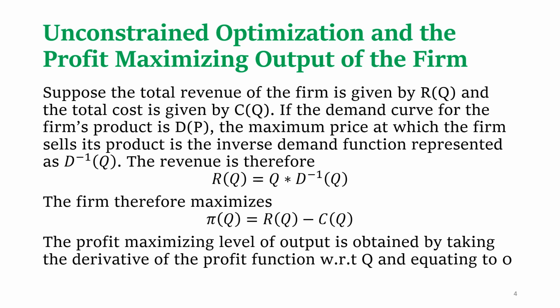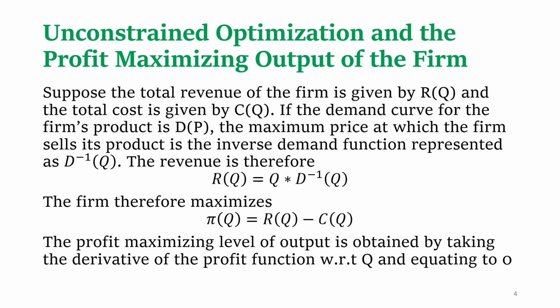So I hope you guys are getting this point clear. Why do we transform the direct demand function to an inverse demand function? The main reason is the firm is going to sell its product at the maximum price.